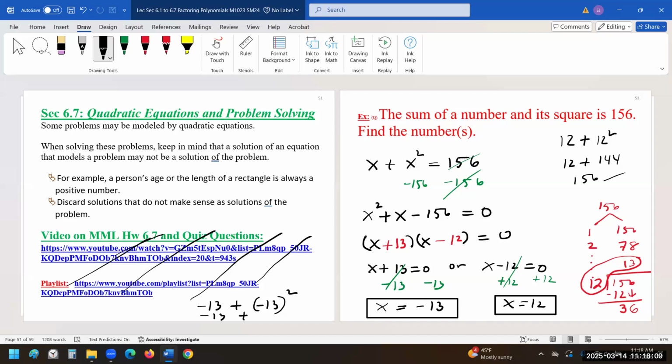How much is that? You have no idea? 169. So we have negative 13 plus positive 169. Their combination actually does give us 156. See, it works.